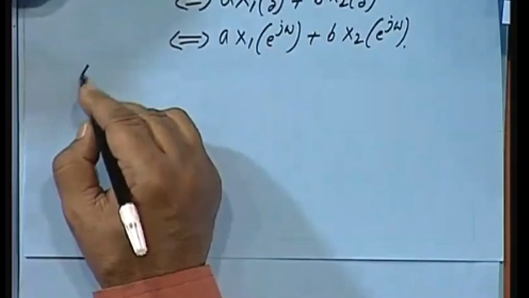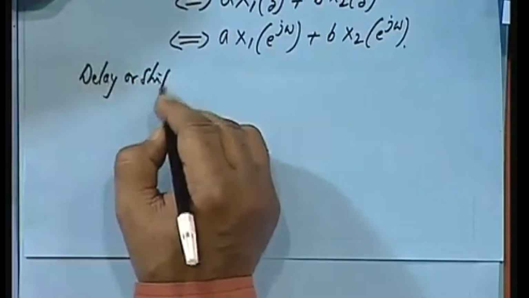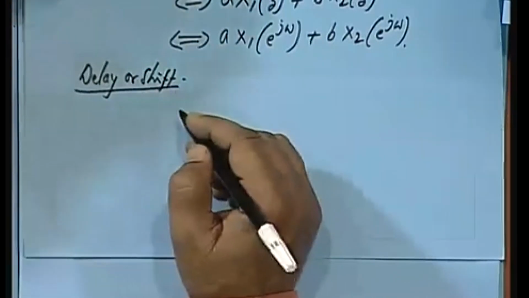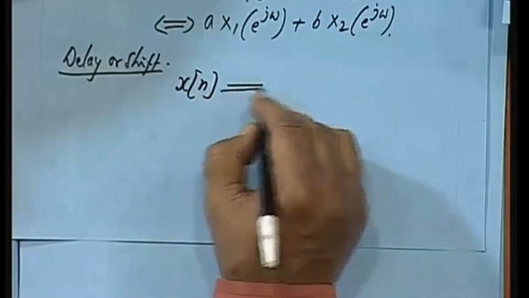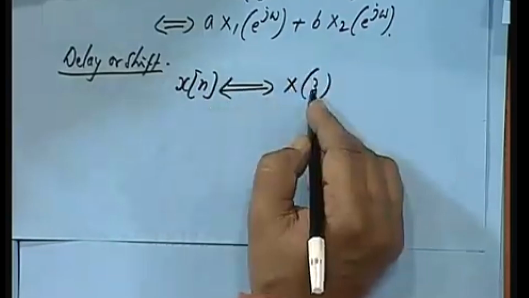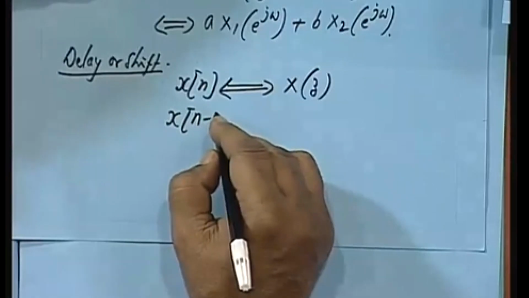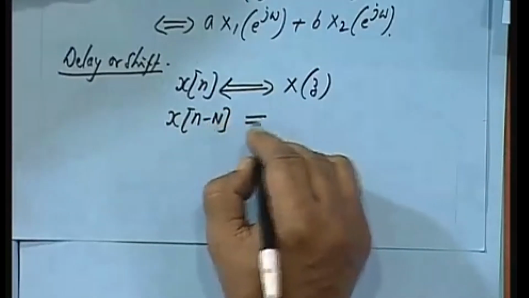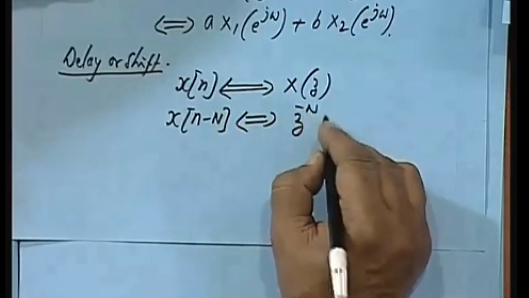Then delay or shift, this also we observed earlier. If x n has a transform x z, then x n minus say capital N will be z to the power minus N x z.